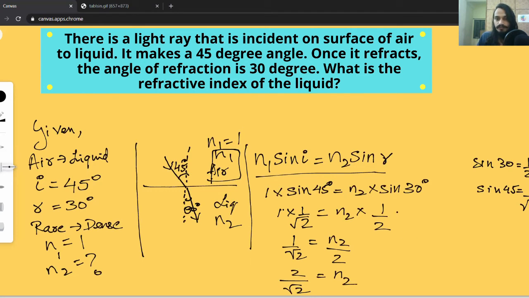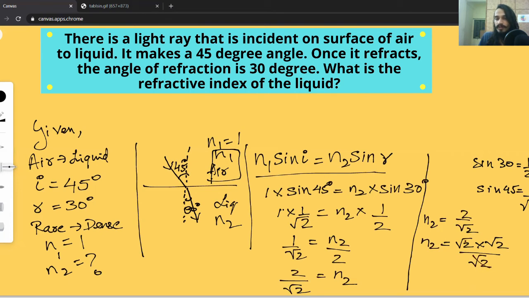Simple as that. Now, finally solving this sum: n2 is 2 by root 2. If you know roots, 2 is root 2 into root 2. You can do it that way, or you can take the value of root 2 directly as 1.414. But to make it simple, we do it like this. 2 is root 2 into root 2, divided by root 2.